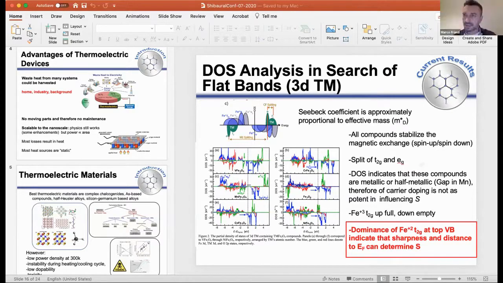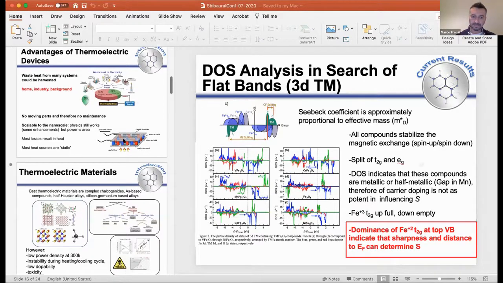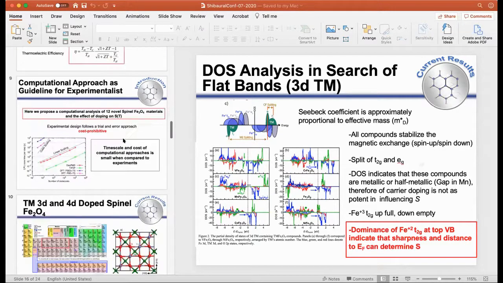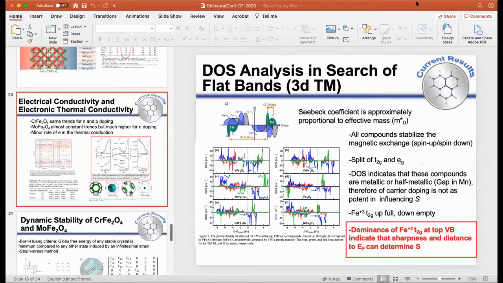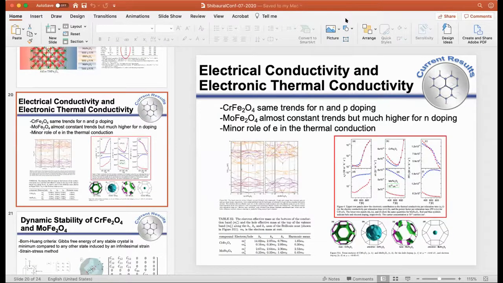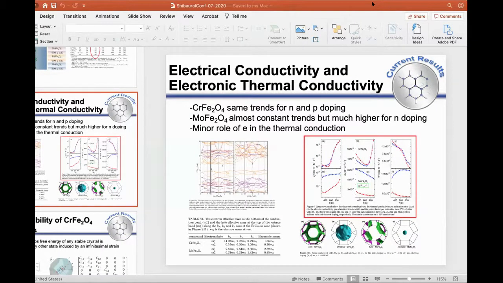Then you can do some so-called Jonker plots, where you simulate the change of the power factor as a function of the carrier concentration or as a function of the electroconductivity sigma. Then you can predict. We've done that.